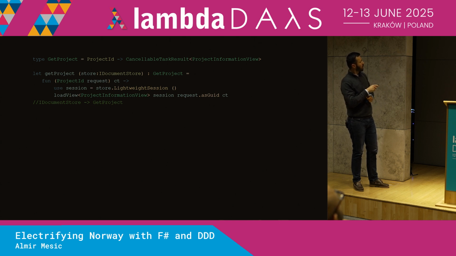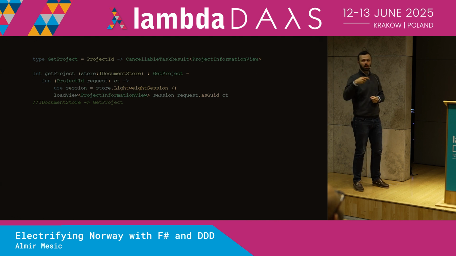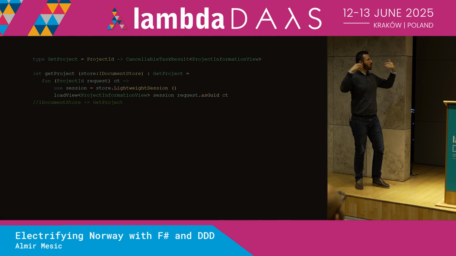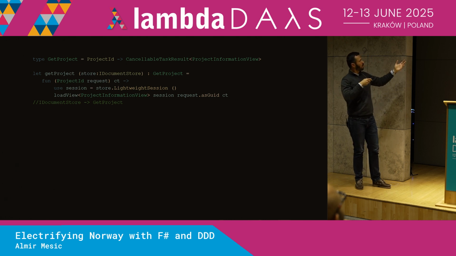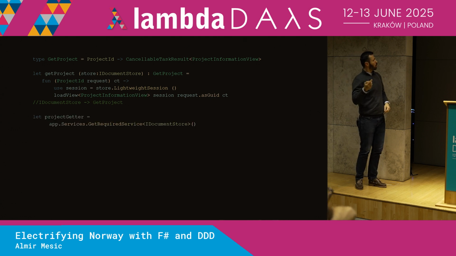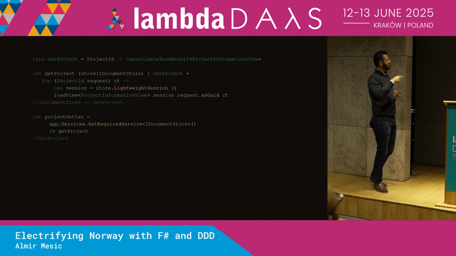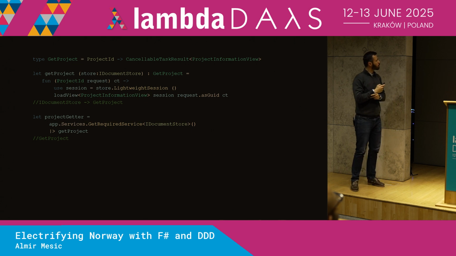So what we end up having here is IDocumentStore returning a get project. And that's not what we want, right? We want to resolve the function in such a way that it only returns a get project. So the way to do this is to partially apply the document store to the get project, such that your function signature is get project.